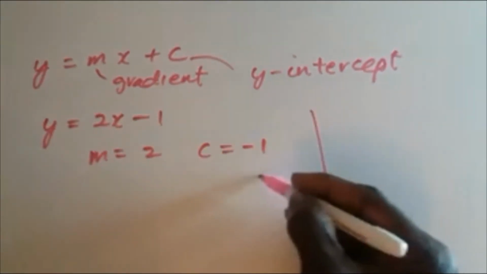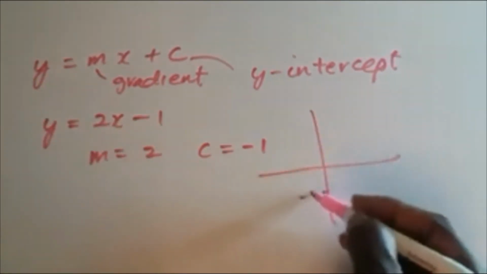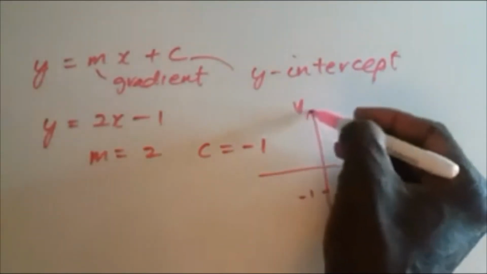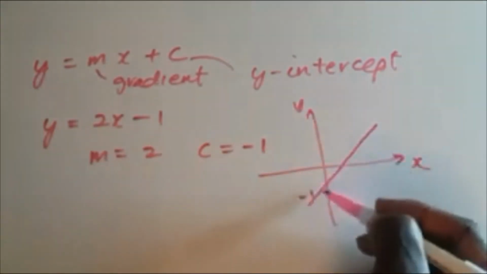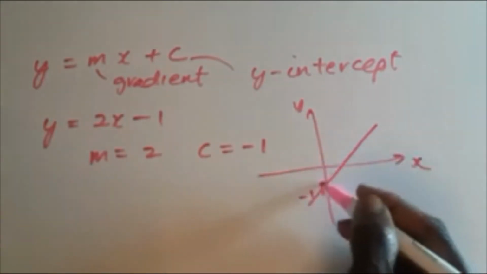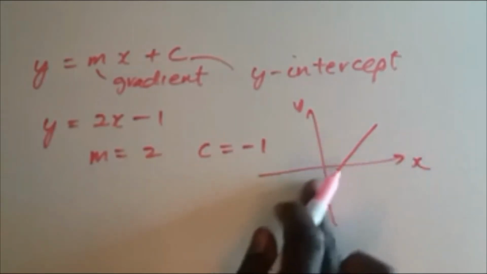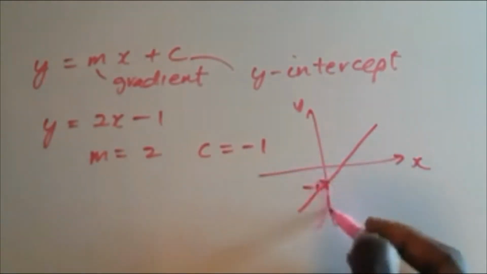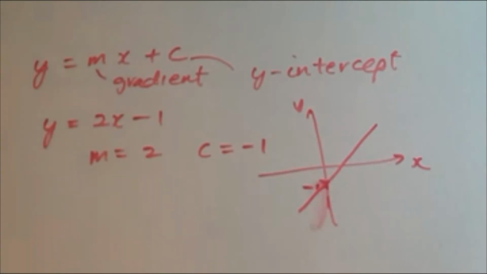This is the point -1, which is the y-intercept, where the line cuts the y-axis.